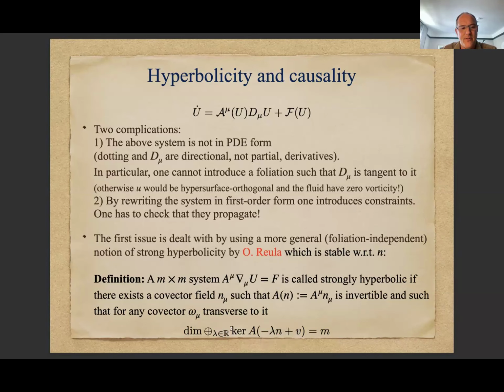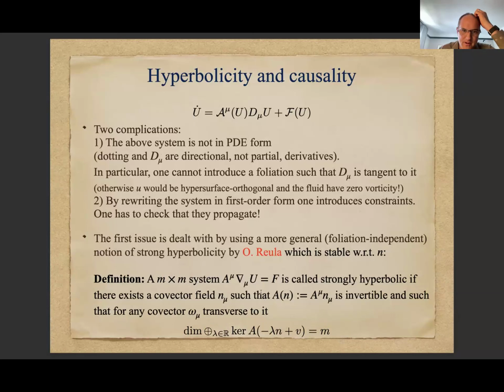And now you take the union of all the kernels of this. If you take the dimension of this, it should precisely give you the dimension of the system, so m in this case.